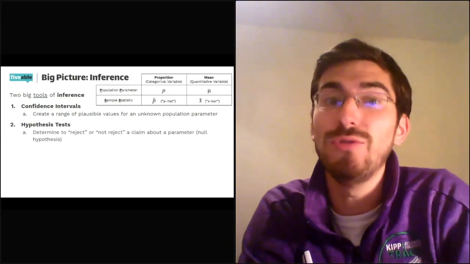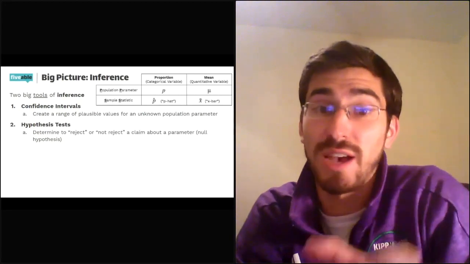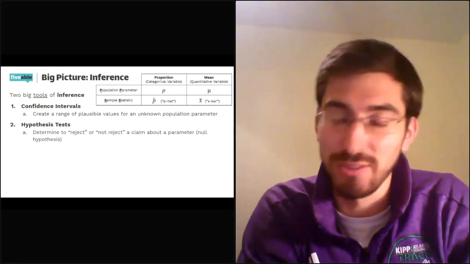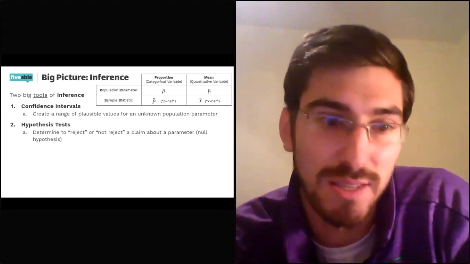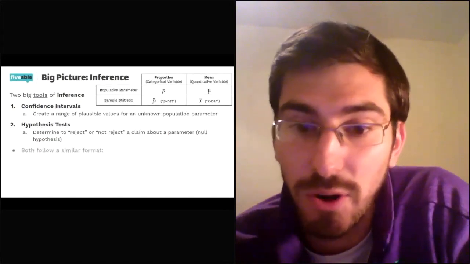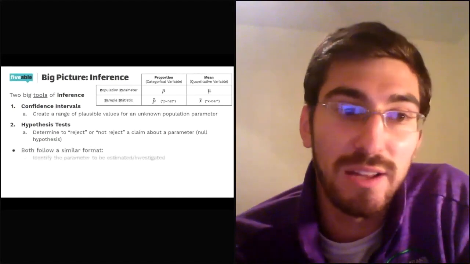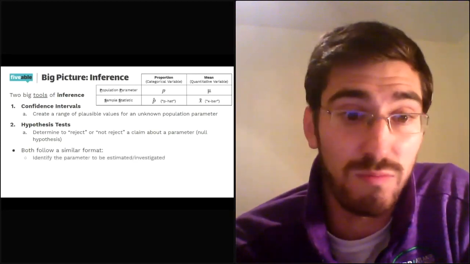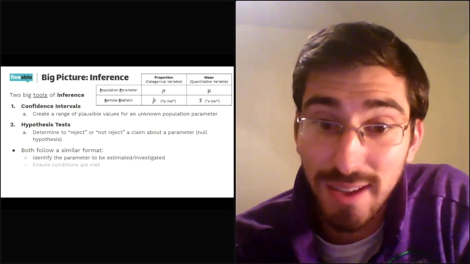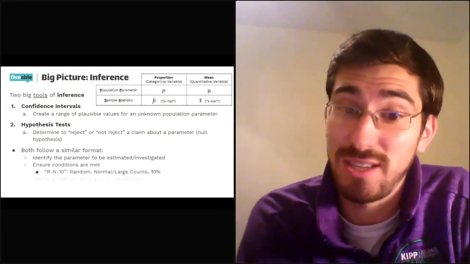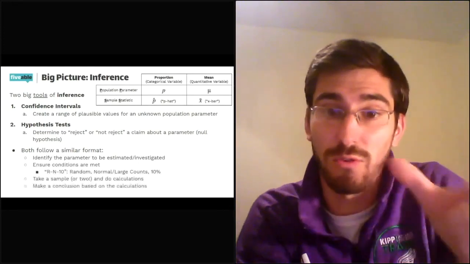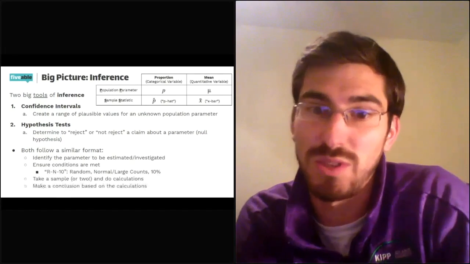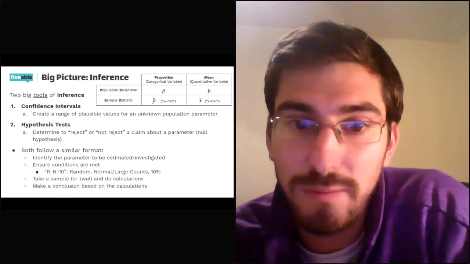And if we're doing a 2-sided test, you could use a confidence interval to make a decision about the hypothesis test. These things can go together. But ultimately, you've got to figure out what you're trying to estimate, check some conditions, and our conditions are the same for both: the random, normal, large samples, and then that 10% condition. You're going to take a sample.